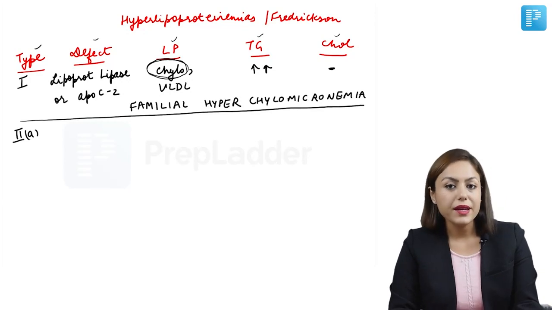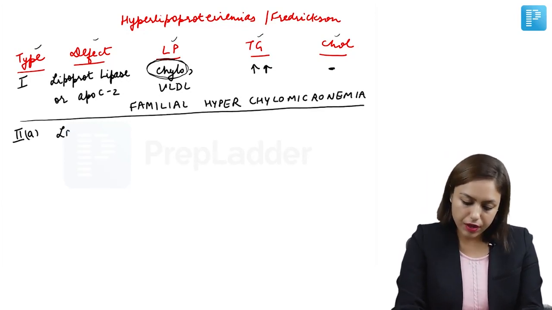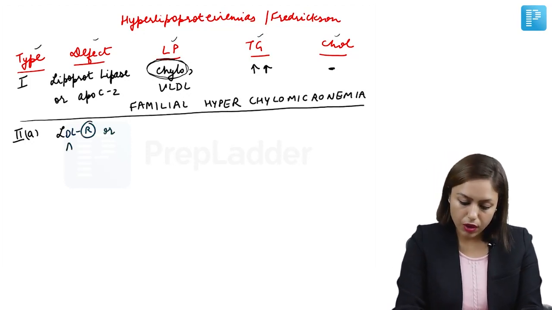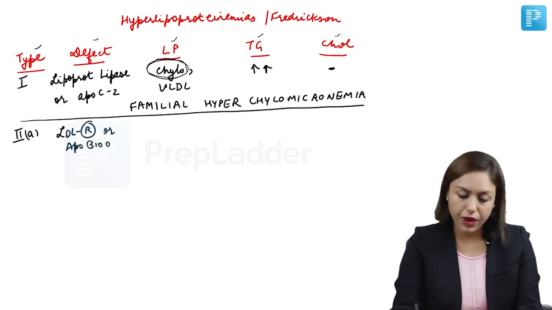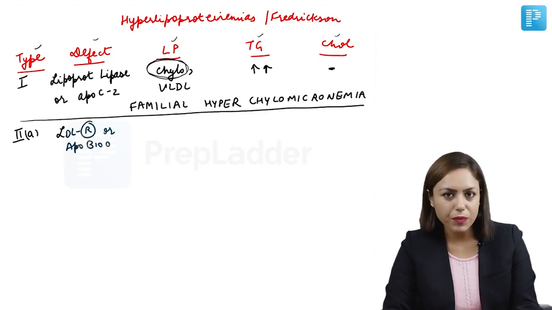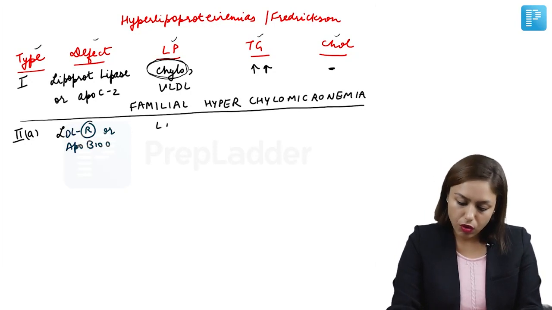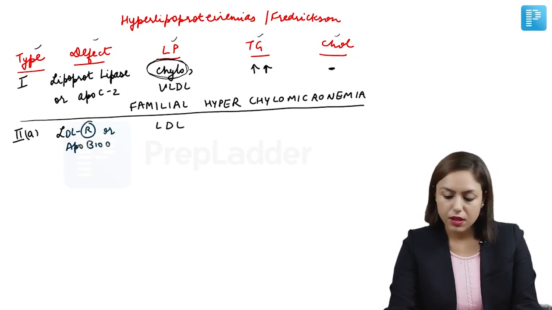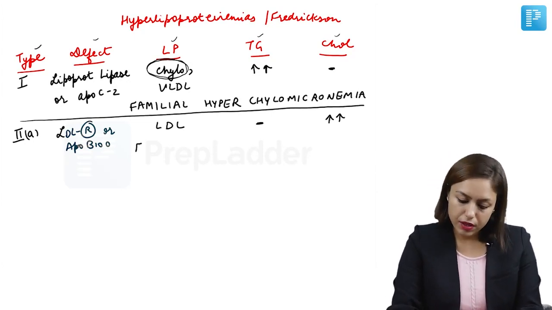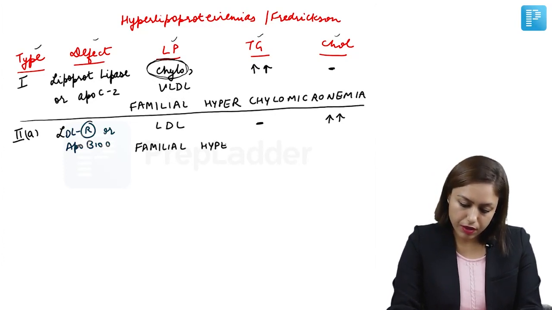In type 2A, there is a defect in the LDL receptor or ApoB100 defect, because that is the main ligand for this receptor. Okay, so which lipoprotein will increase? Obviously LDL will increase. It has cholesterol, so cholesterol increases, but triglyceride is normal, right? And this is known as familial hypercholesterolemia.